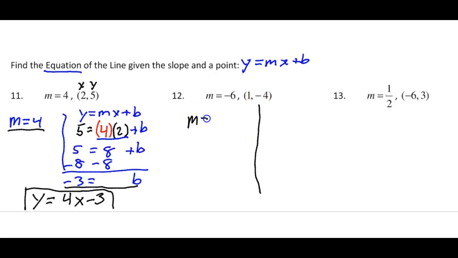Already given the slope, negative 6. Just need to do y equals mx plus b to find the y-intercept. Okay, so we know negative 6 is the slope. So I'll put that in. And then I can use 1 for x, negative 4 for y. So negative 4 equals negative 6 times 1 plus b.